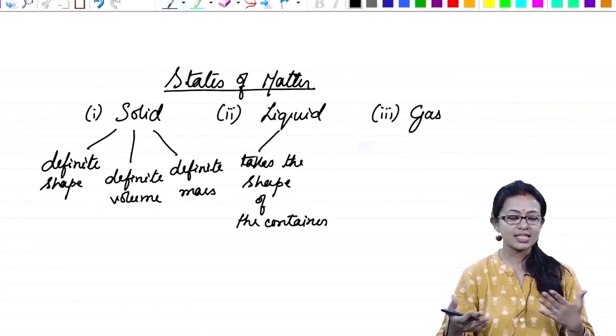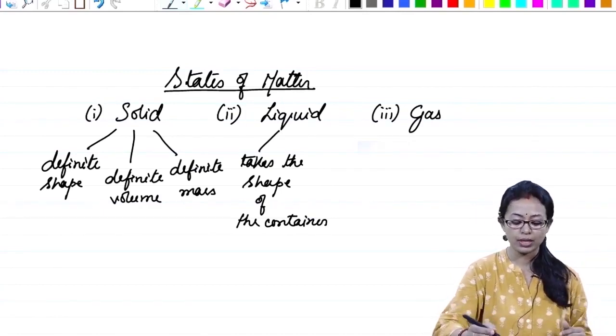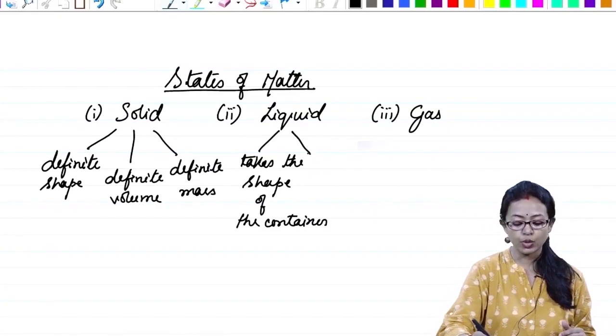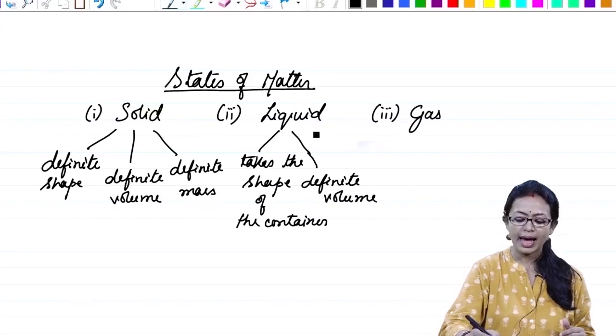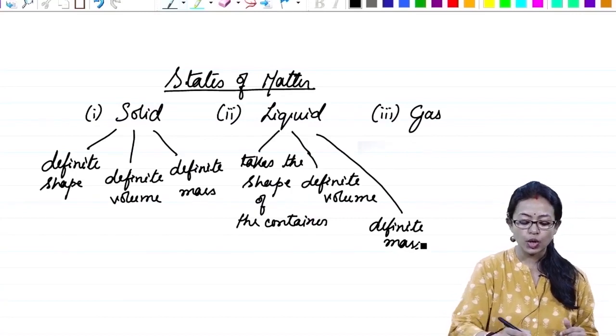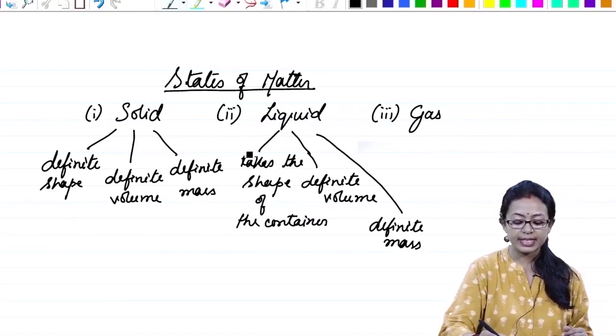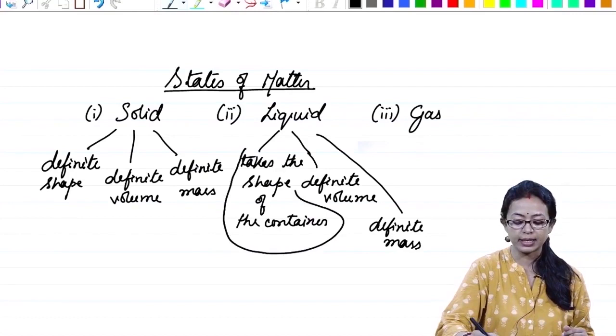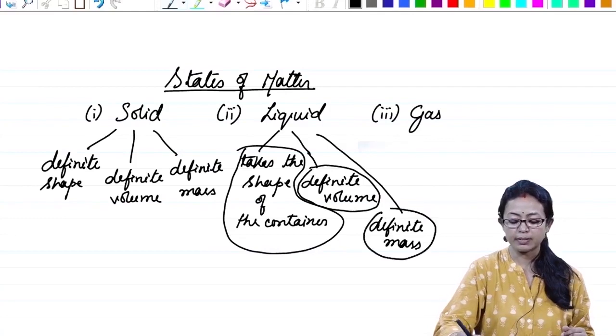So it takes the shape of the container in which it is poured. But definitely liquid also has definite volume, and yes, liquids also have definite mass. So liquids take the shape of the container, they have definite volume, and they also have definite mass.